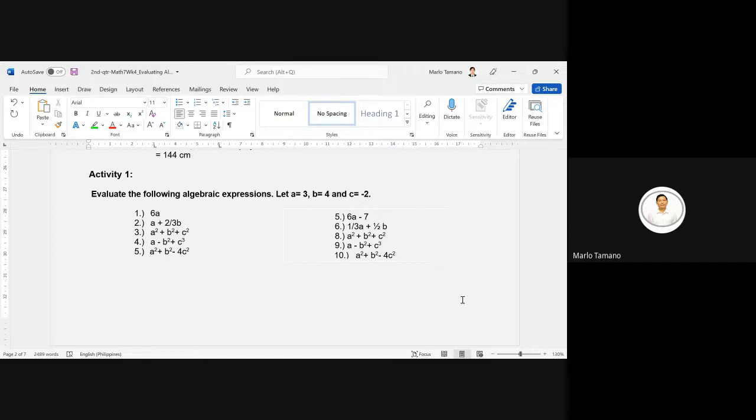Negative 2 times negative 2 is positive 4. Okay po, 29. Number 4. Negative 9 po. No.